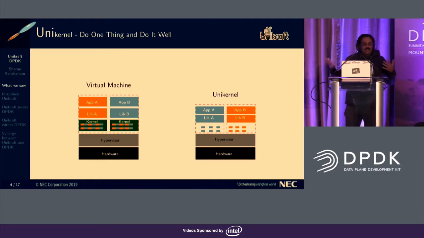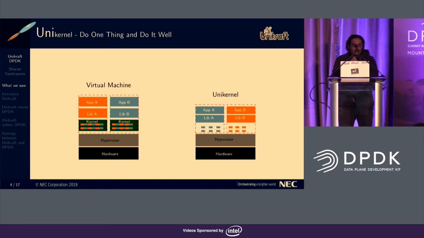Whereas with a Unikernel, we build it for one purpose, specifically to do that specific application. Knowing the use case, we can improve and optimize our Unikernel for it.